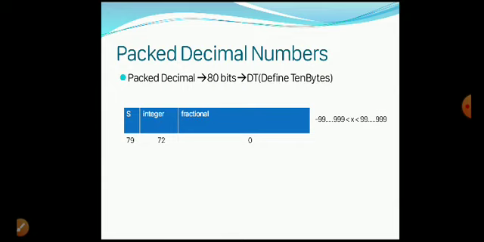For the fractional part, after the decimal point there is a facility to represent a total of 72 digits, right? So this is the format of the packed decimal numbers, and it is defined in 10 bytes of form, that is, 80 bits.